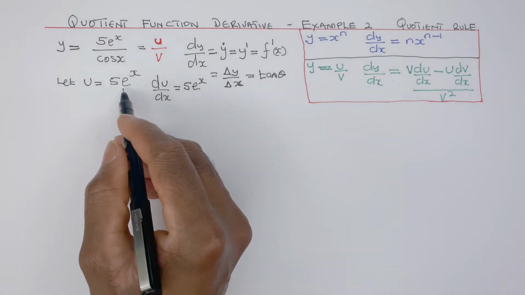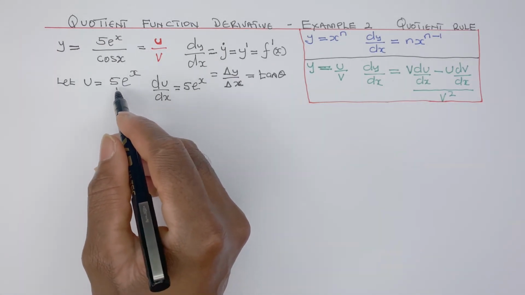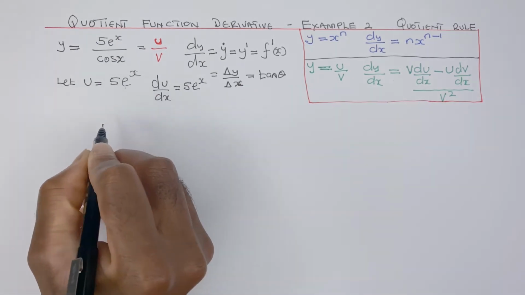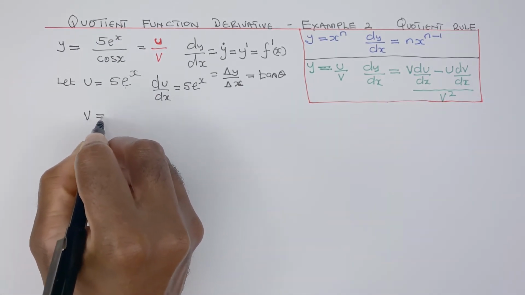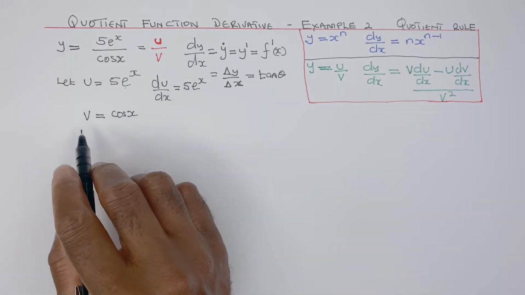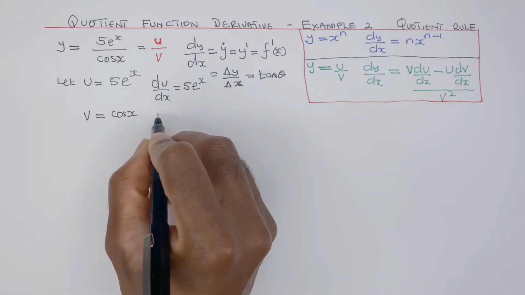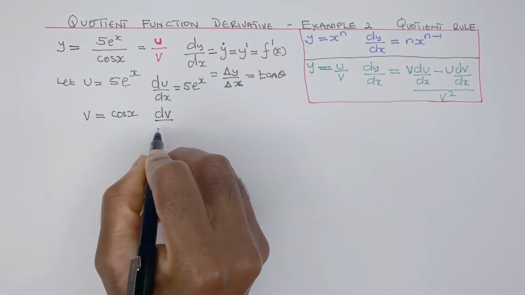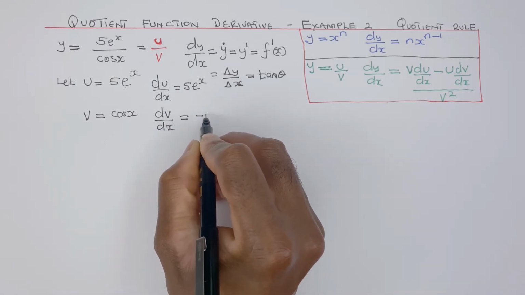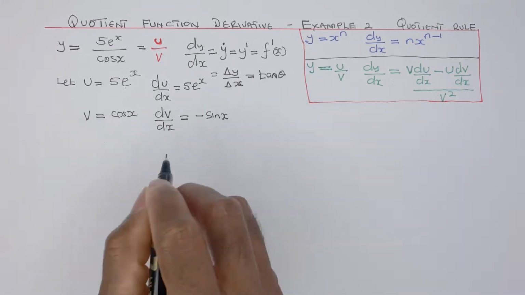Because if you differentiate e to the x, you just get e to the x. And there's a 5 here as a constant, you just multiply by the 5. And then we say let v equal cos of x. The dv/dx will be minus sine of x.